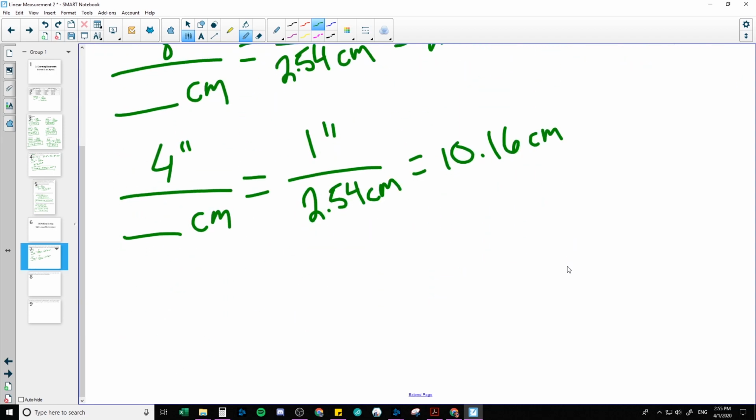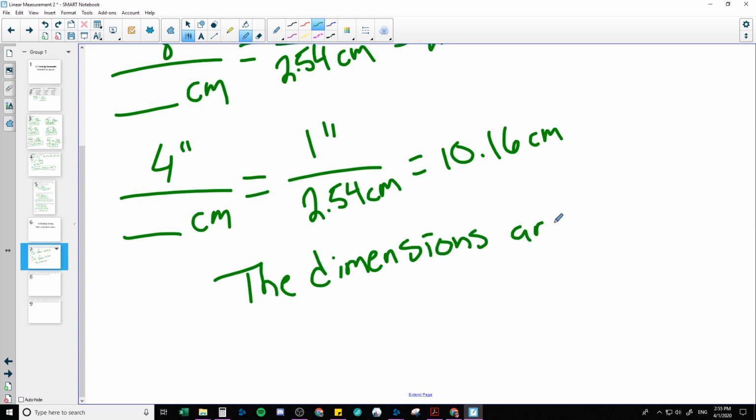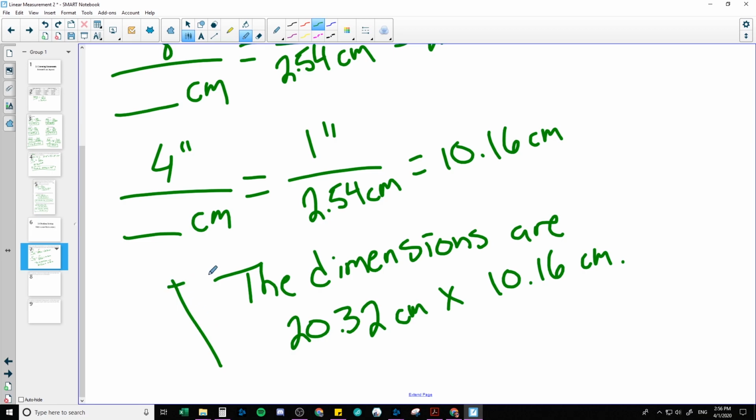So the dimensions are 20.32 centimeters by 10.16 centimeters. And this is our answer.